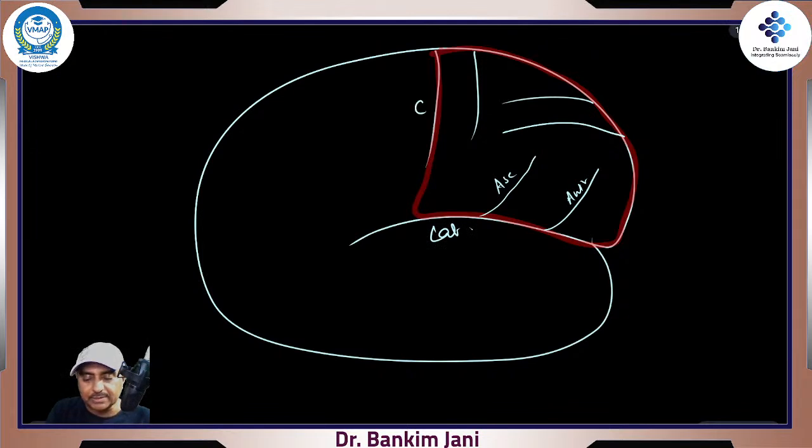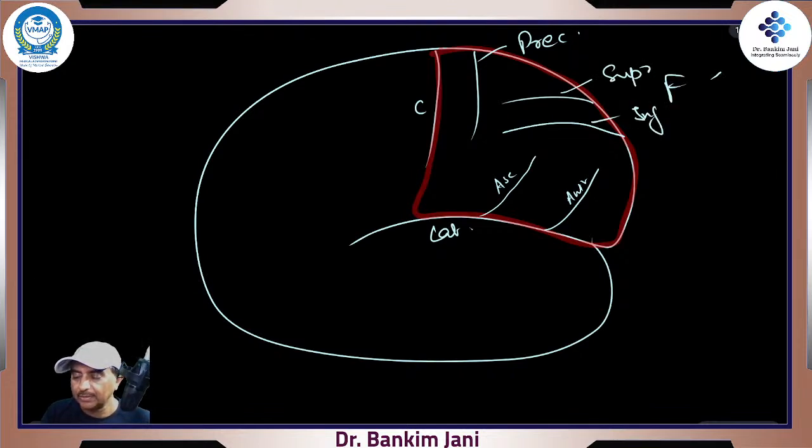This one is the central sulcus. This is the precentral sulcus. This is the superior and the inferior frontal sulcus. And then we have all the gyri ready. This one would be the motor area, so now we are writing just M. This would be number 4.